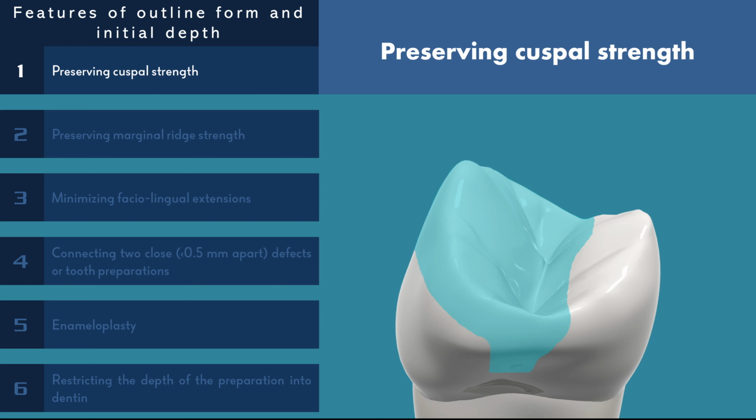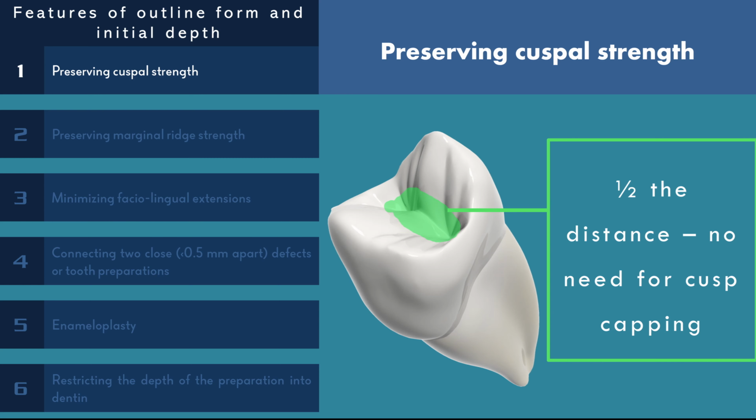So this procedure is called cusp capping, as shown in this picture. Now we have to understand when we are supposed to do cusp capping and when cusp capping is not indicated.